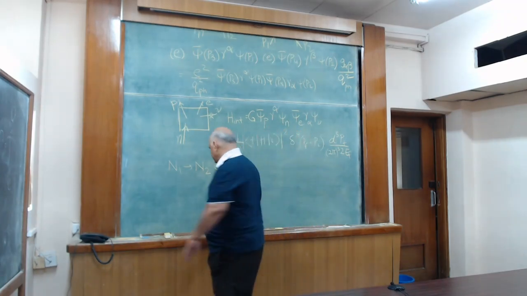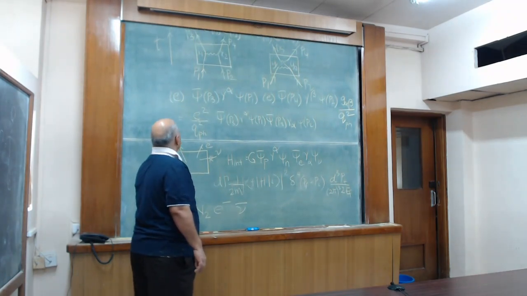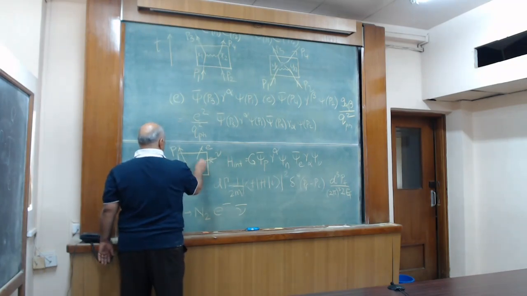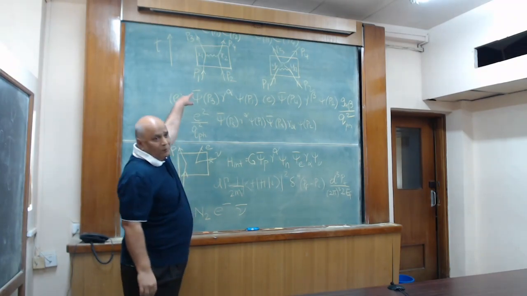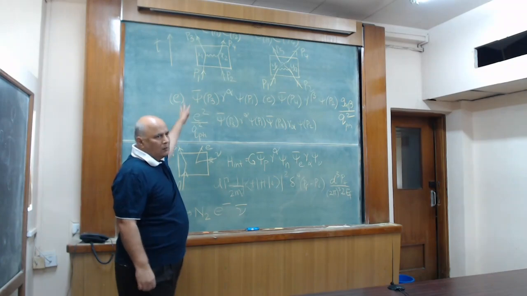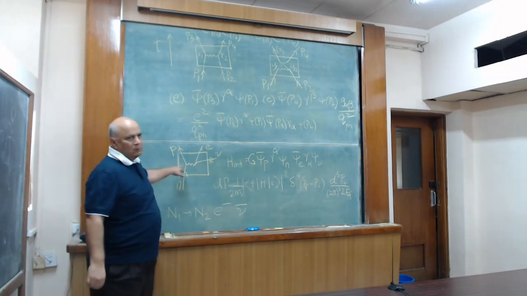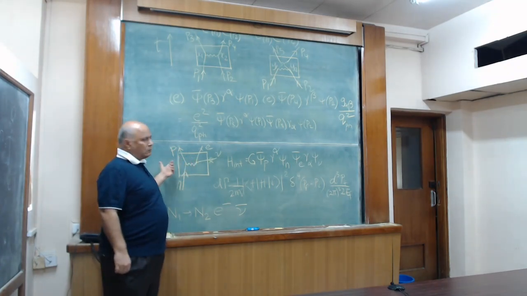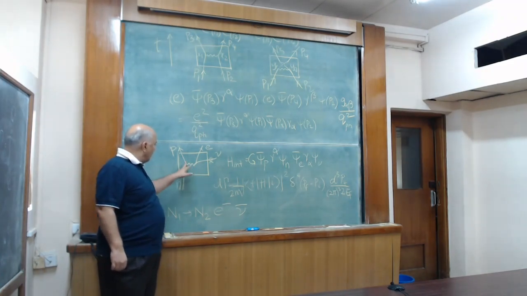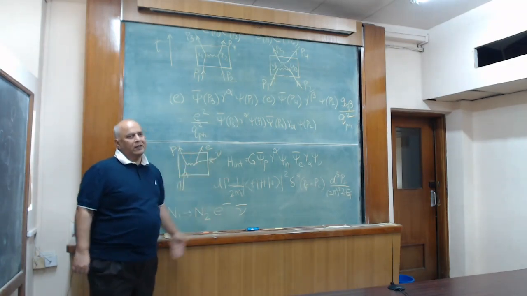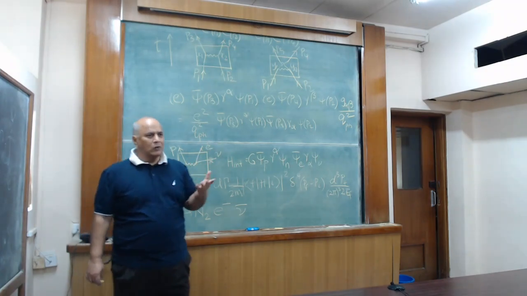So this is how we write the Feynman diagram. Now, compare this diagram with that diagram. It's very tempting to write a connecting particle between the place where the neutron is getting converted into a proton and the vertex where the electron and neutrino are being created.